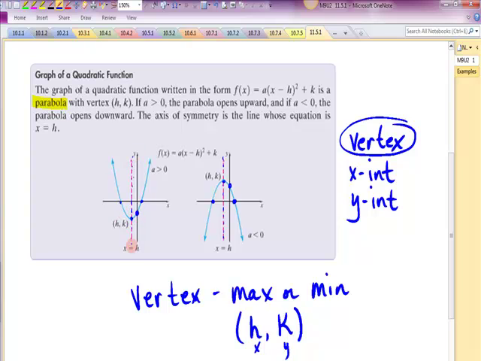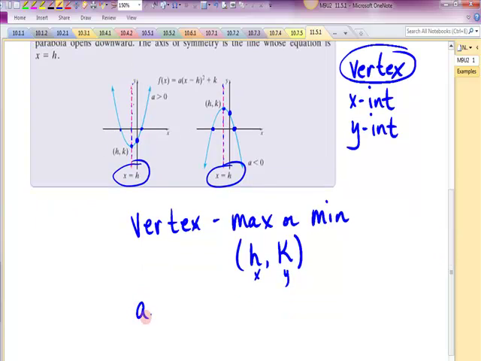Vertical lines all have the form x equals something, and if they go through the vertex, then the axis of symmetry has the equation x equals h. So the axis is a vertical line, x equals h, and the h is the first coordinate of the vertex.